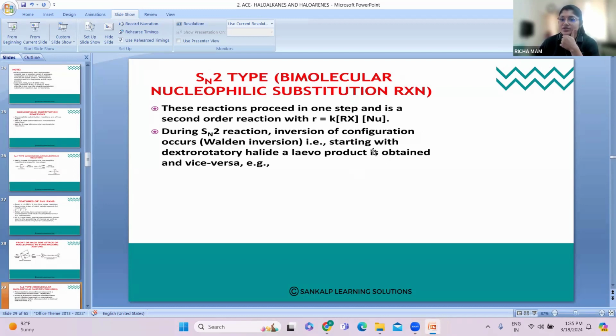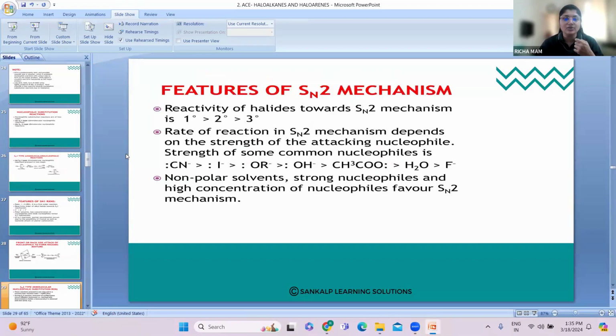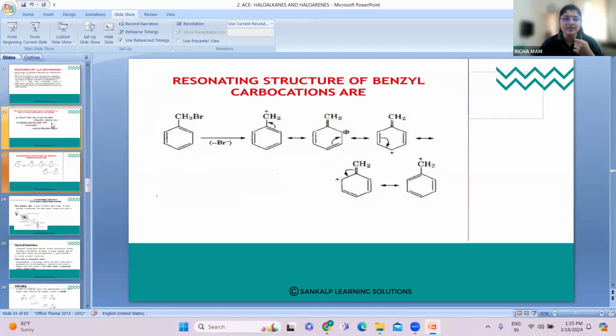This inversion is called Walden inversion. So the inversion of configuration which occurs during the SN2 mechanism is called Walden inversion.